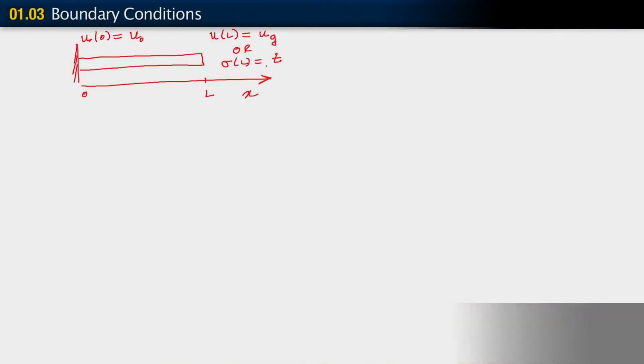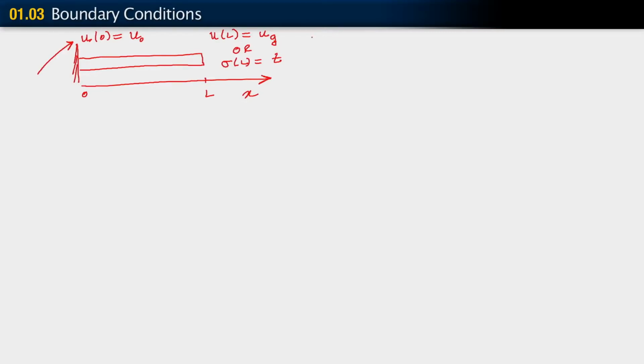Now, I want to point out something that's actually quite important both from a mathematical and a physical standpoint for this problem, which is the following. Observe that we always have this Dirichlet boundary condition at x equals 0.